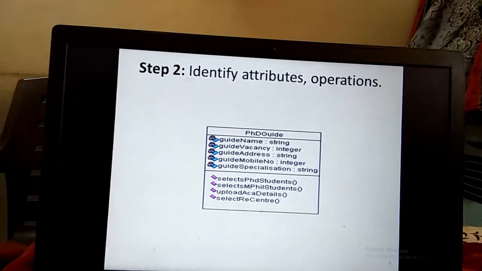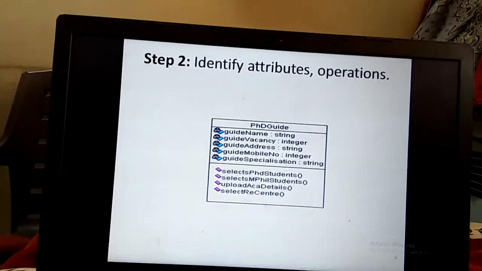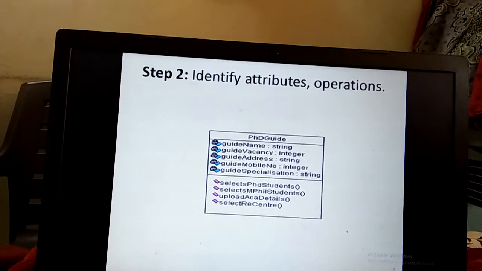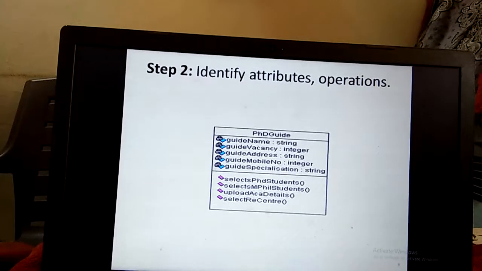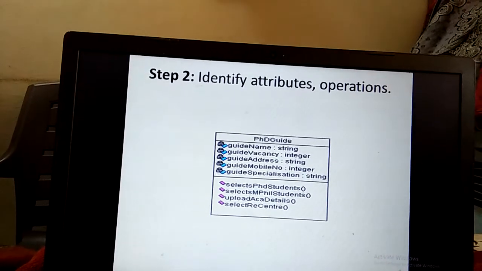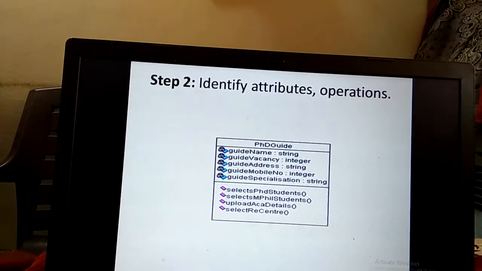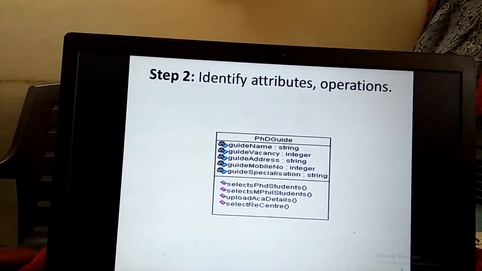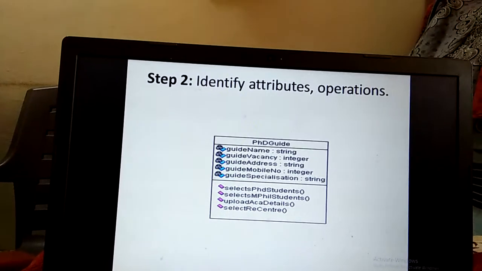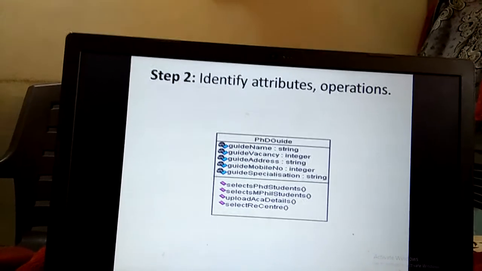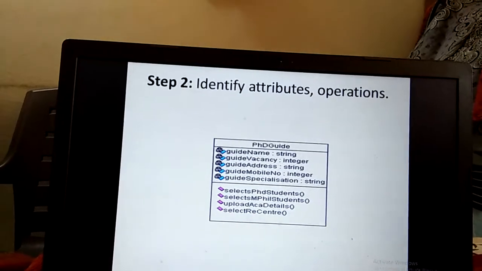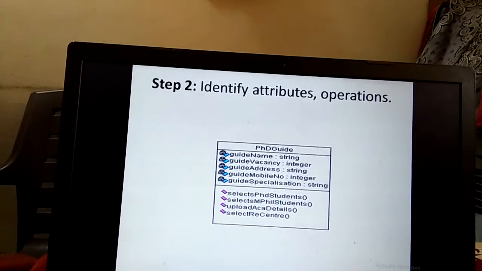Then in the second compartment we write down the names of attributes, and in the third we write down the names of operations. The naming conventions for writing attributes and operations are the same. It tells us that we have to write the entire first word in lowercase, and we have to capitalize the first alphabet of the second word, third word and other words.